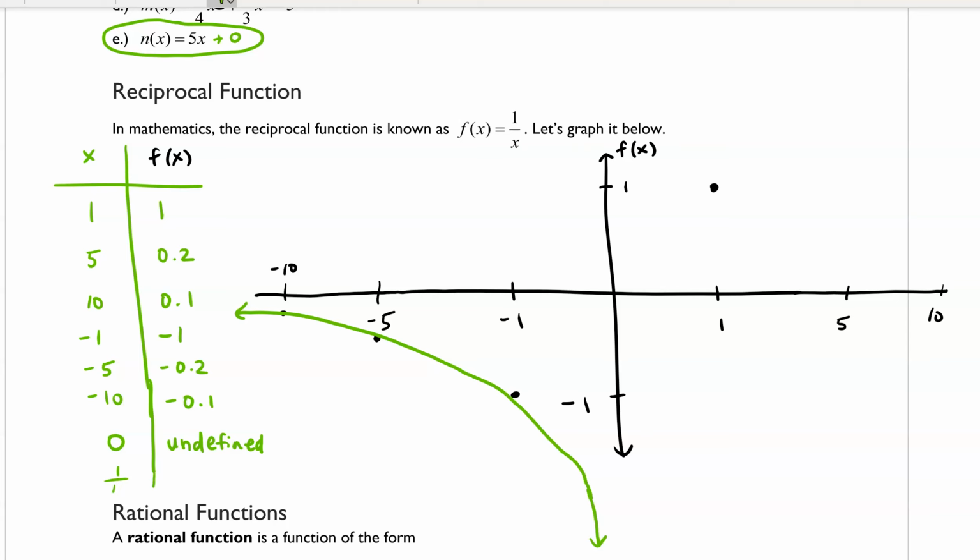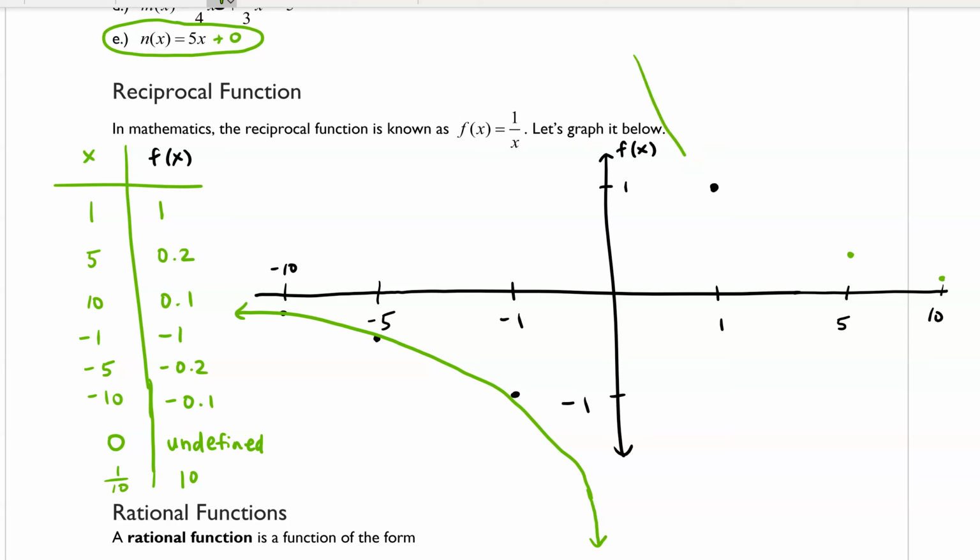If I plugged in 1/10, and the reason this is called the reciprocal function is because we take the reciprocal of the input and then that's our output. So the reciprocal of 1/10 is +10. And so let me just plot some points here. It's going to look something like that.